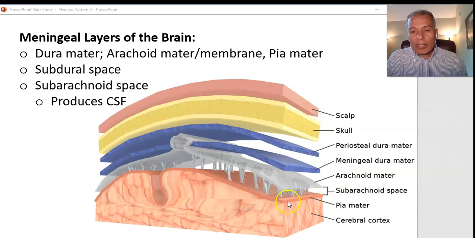And then there's the third layer that is thin and transparent. If you go to the first slide of the previous section, part 1 of this unit, you see the picture of the real brain. What is holding the brain together is that very thin, invisible, transparent layer, the pia mater.